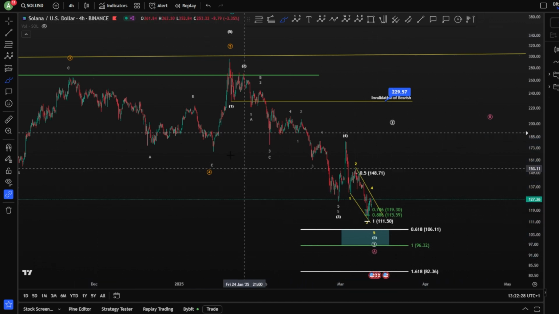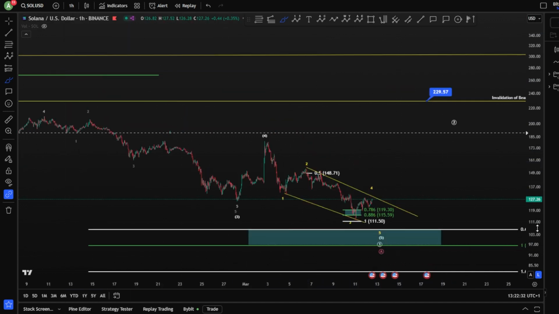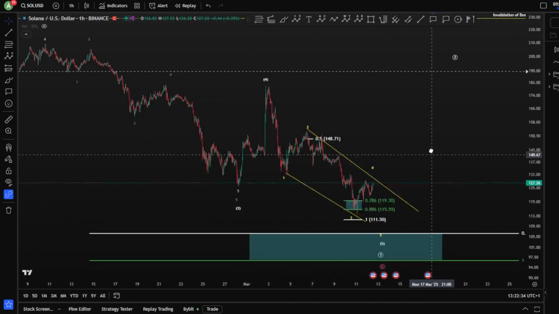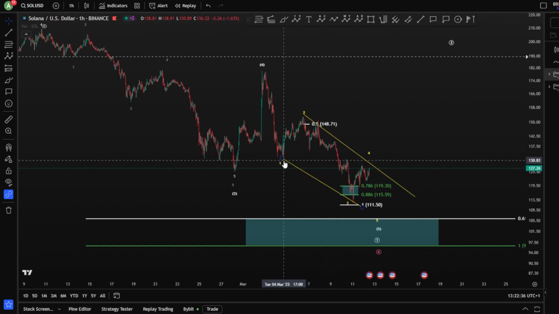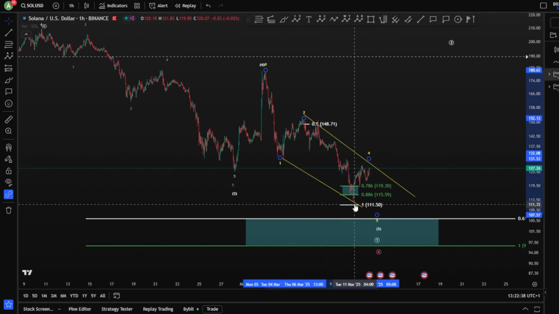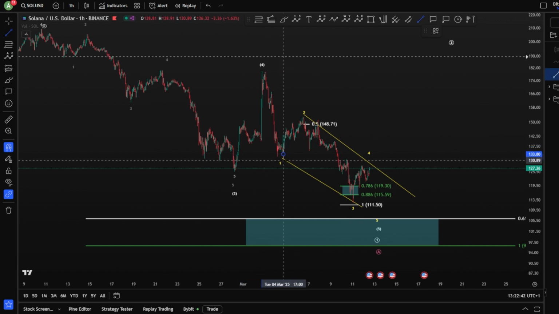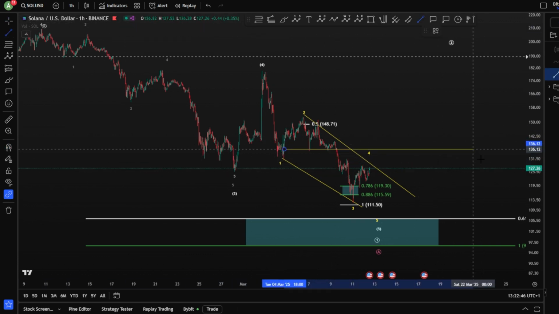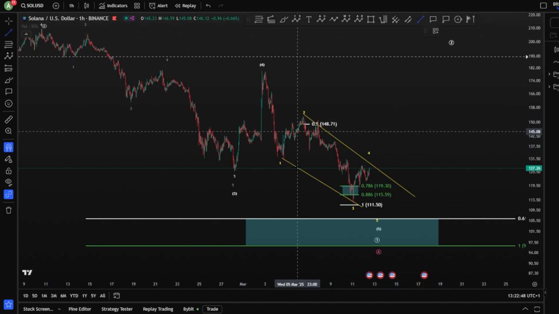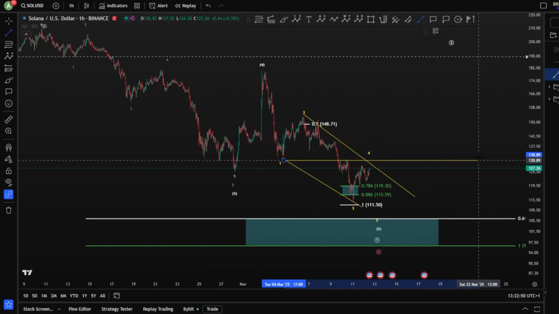If we dive a little bit deeper inside this impulse on the 1-hour chart, we are very, very close to the invalidation of this impulse toward the downside. Meaning if we take this wave 1 price, and what's going on with the snap? Here we go. Invalidation of a bearish.